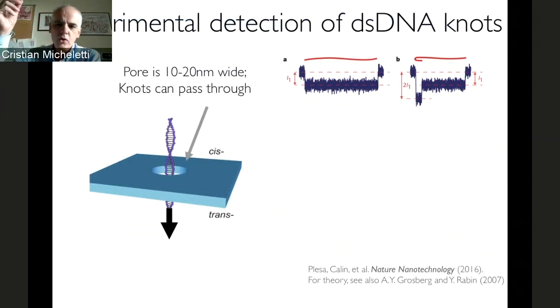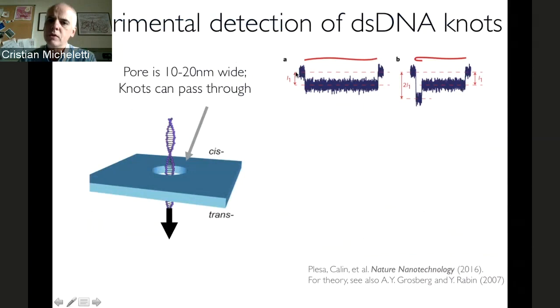If you fish a DNA filament from the solution and you drag it through the pore, then of course there will be less surface through which the ions in solution can go through. And what you will see is you drop your measured current by a notch, because you have a filament that is obstructing the pore, and after the filament has fully translocated, then you go back to the baseline current.